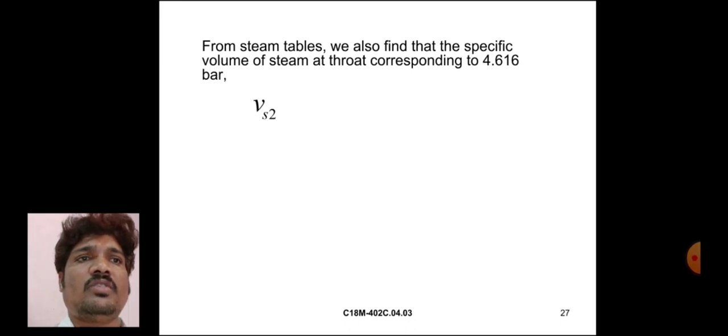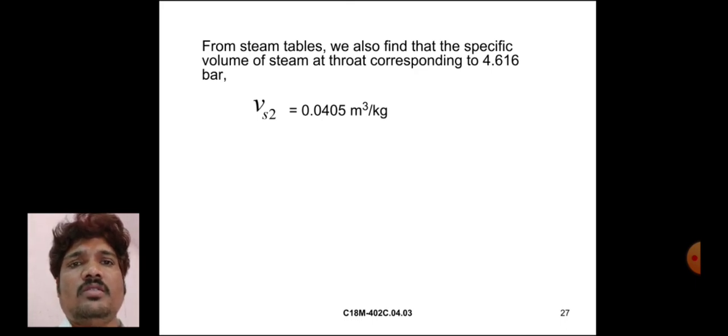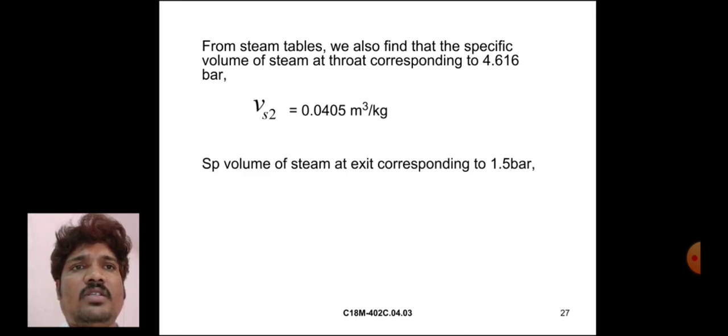From steam tables we also find that the specific volume of saturated steam at throat corresponding to 4.616 bar, Vs2, is 0.0405 meter cube per kg.